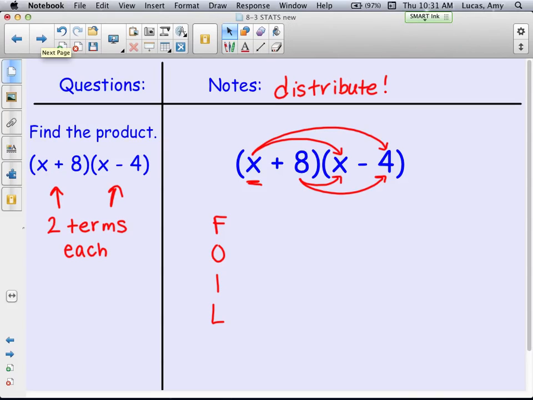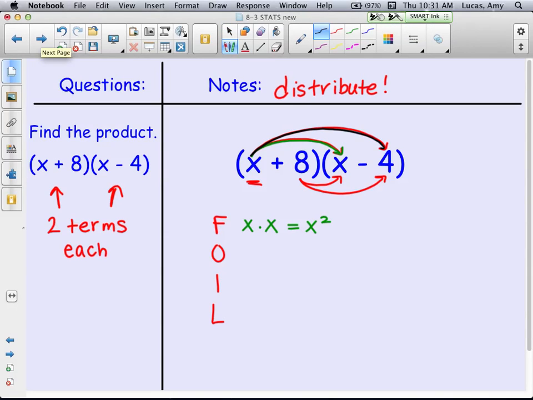So the first ones that I connected, x to x. X times x is x squared. Then the second one that I connected, I stayed with the x and I connected it to the negative 4. X times negative 4 would be negative 4x.